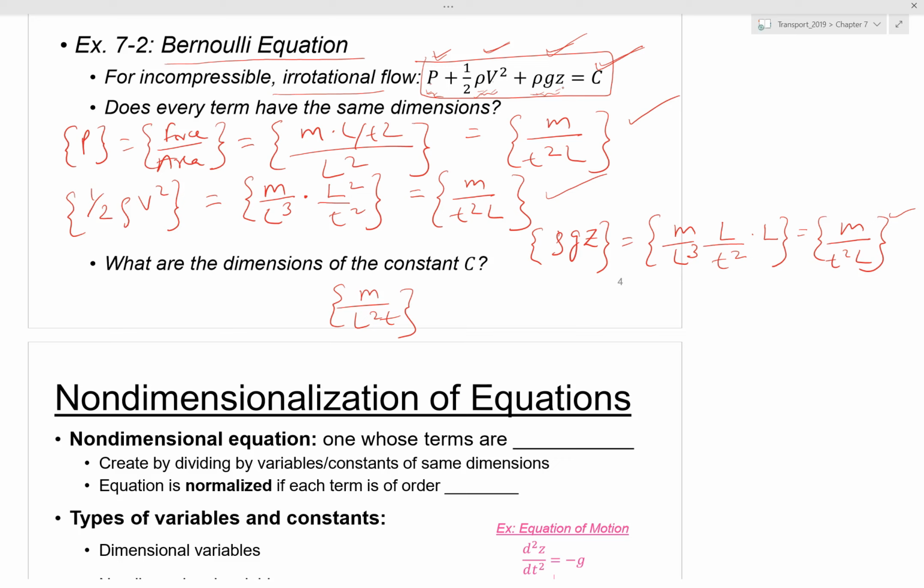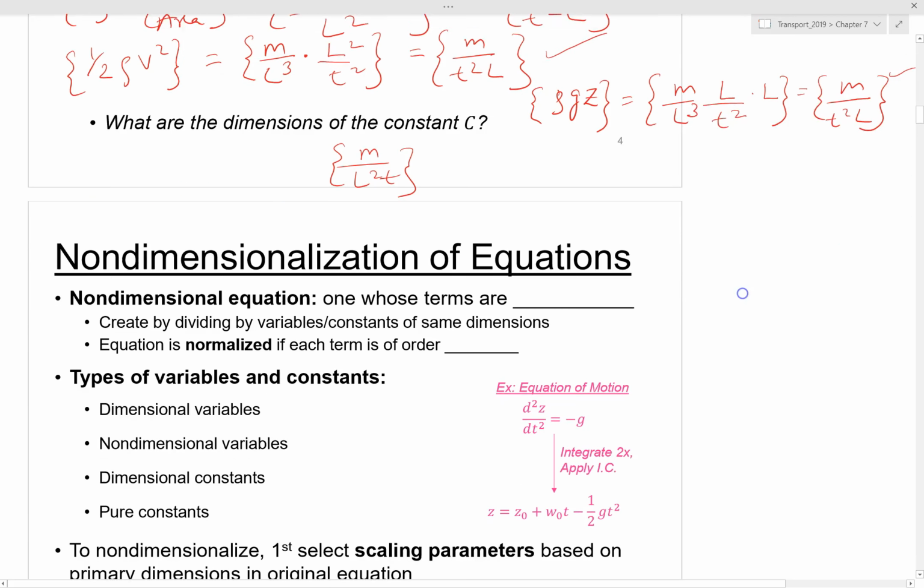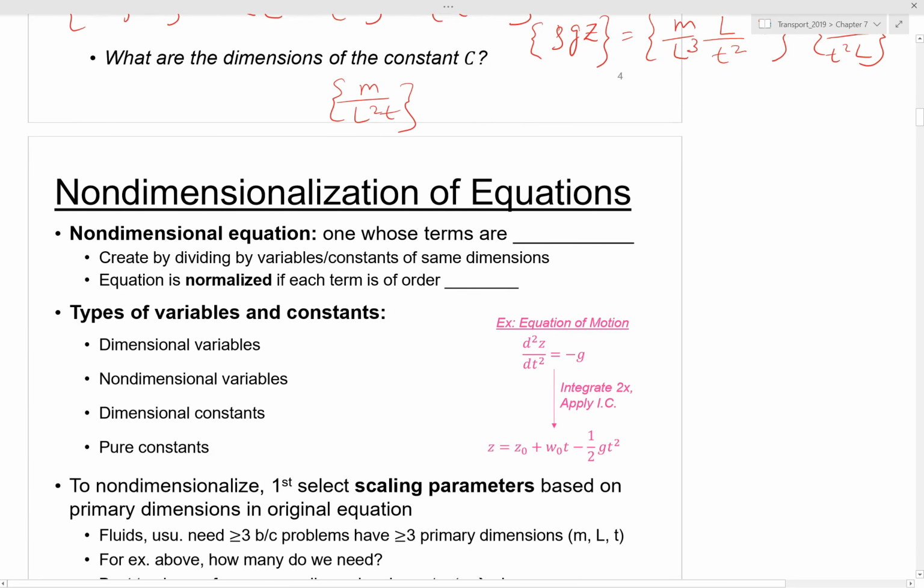So this is the first step we have to adopt. And how do we go about it?